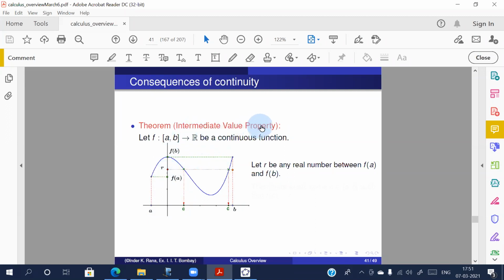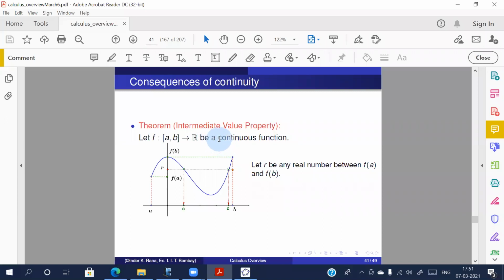So this is called the intermediate value property. There are many ways of looking at it. If the domain is an interval, the range has to be an interval.